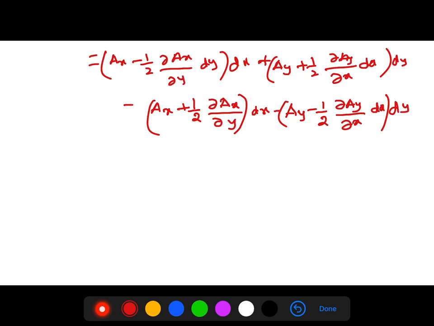So this is the consolidated line integral of all the components along this boundary.